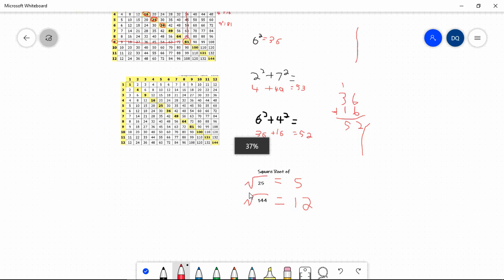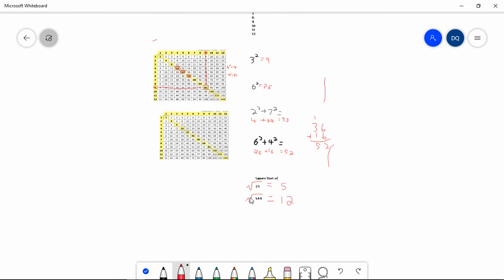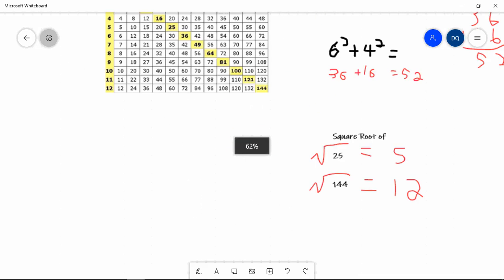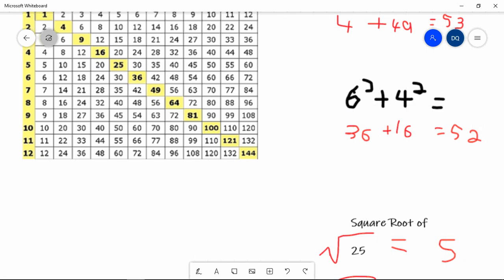Now, let's say I was asked the square root of 133. Using this table, we're going to look along the diagonal, but unfortunately, we're not going to find 133. What we're going to find is it jumps up from 121 all the way up to 144. 11 times 11 is 121, and 12 times 12 is 144.